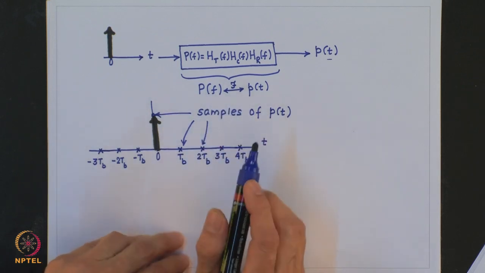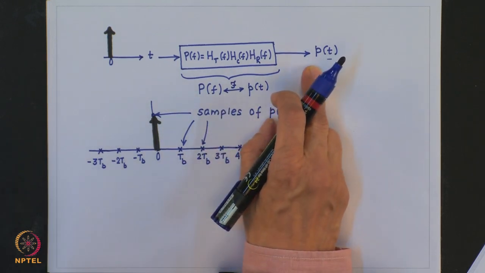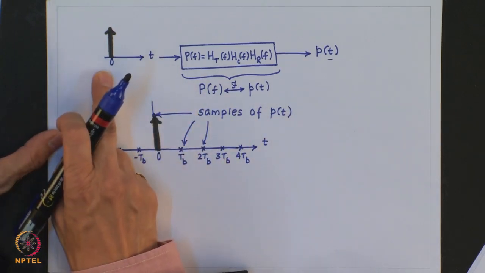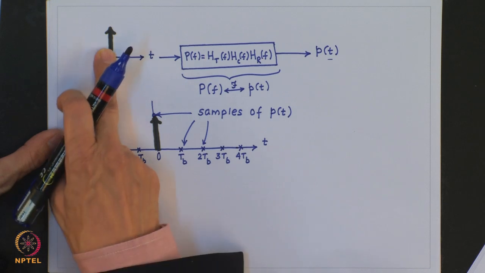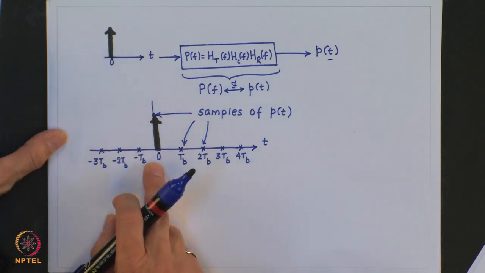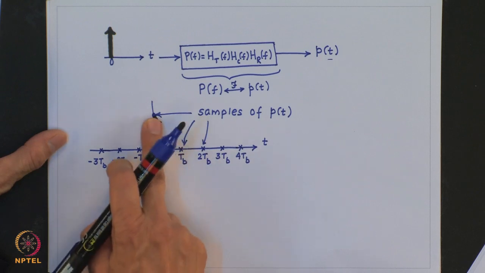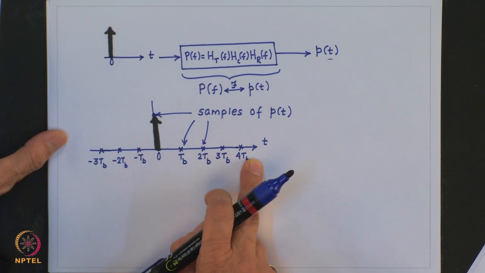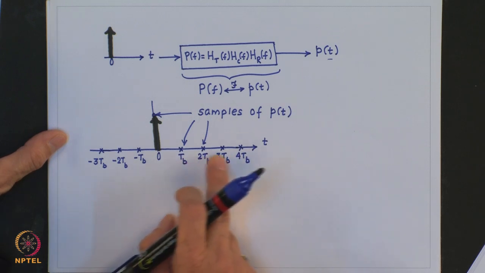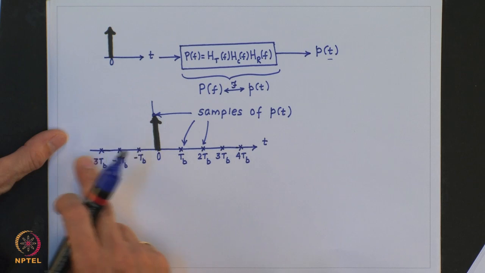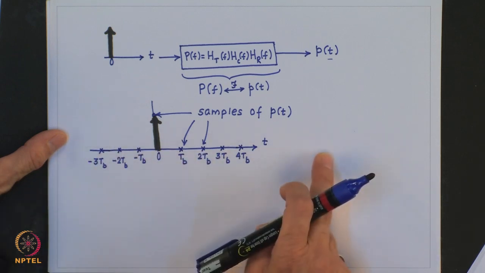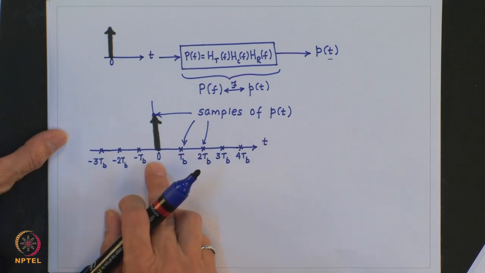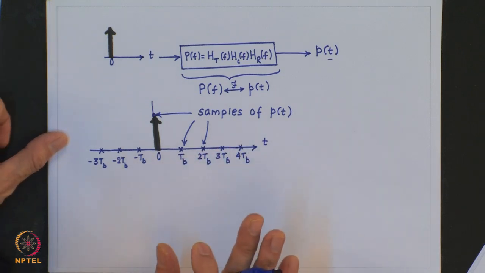So, what we expect is that if there is no intersymbol interference, then when I apply the impulse at t equal to 0, I should get output at t equal to 0, and at all other sampling instances this output should be equal to zero, from minus infinity to plus infinity, for all values of n multiplied by Tb, except for n equal to 0, where this value should be 0.